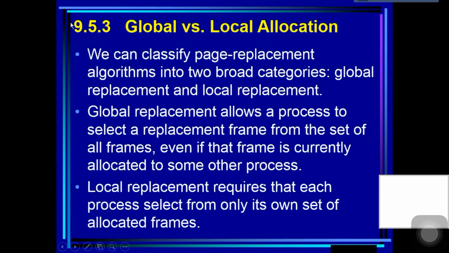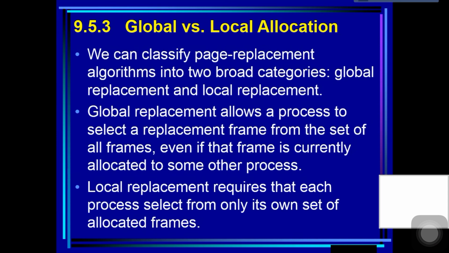Section 9.5.3, global versus local allocation. Another important factor in the way frames are allocated to the various processes is page replacement.